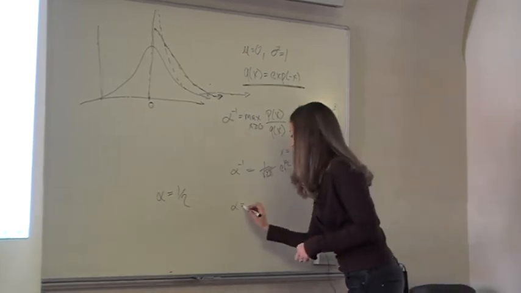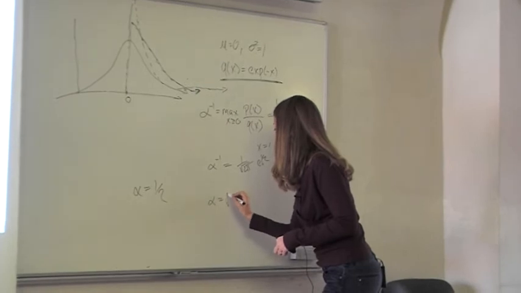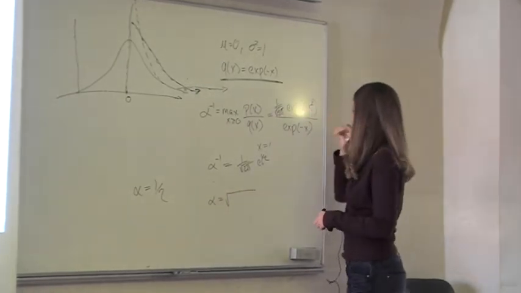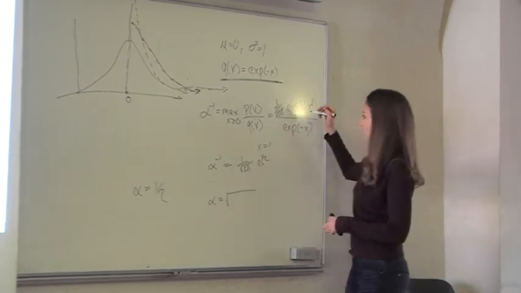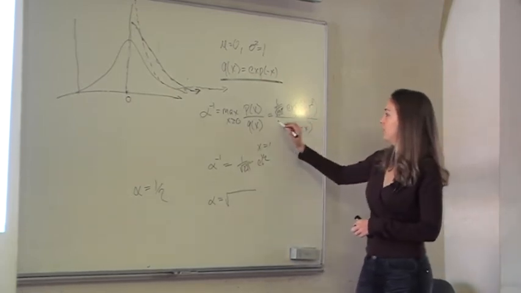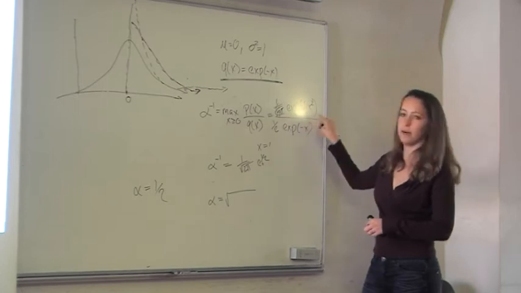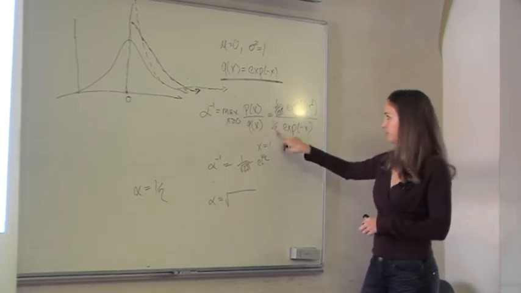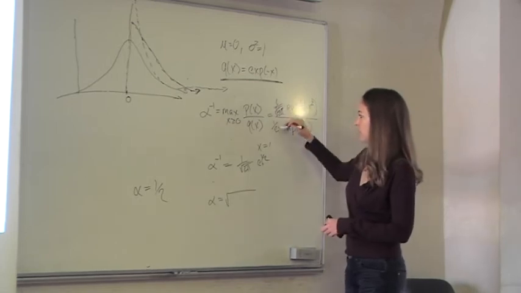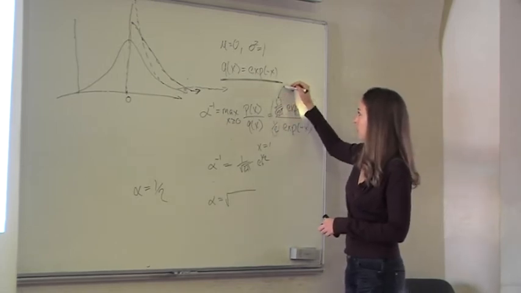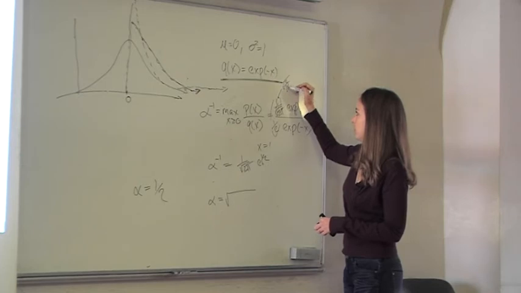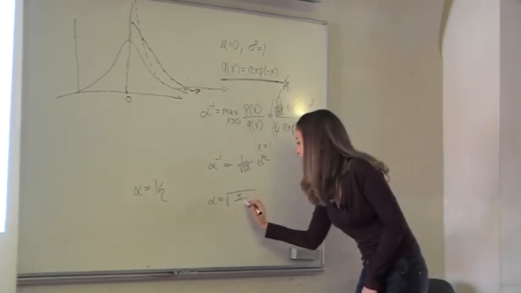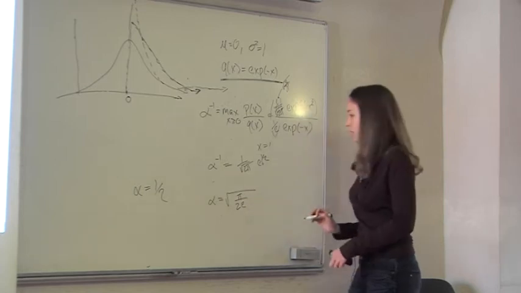So that means that alpha is equal to the square root of, sorry, I forgot the normalizing constant here from the truncated normal. You should have a 2 here for the normalizing constant. So this simplifies to square root of 2 over pi. So alpha here is pi over 2 epsilon.